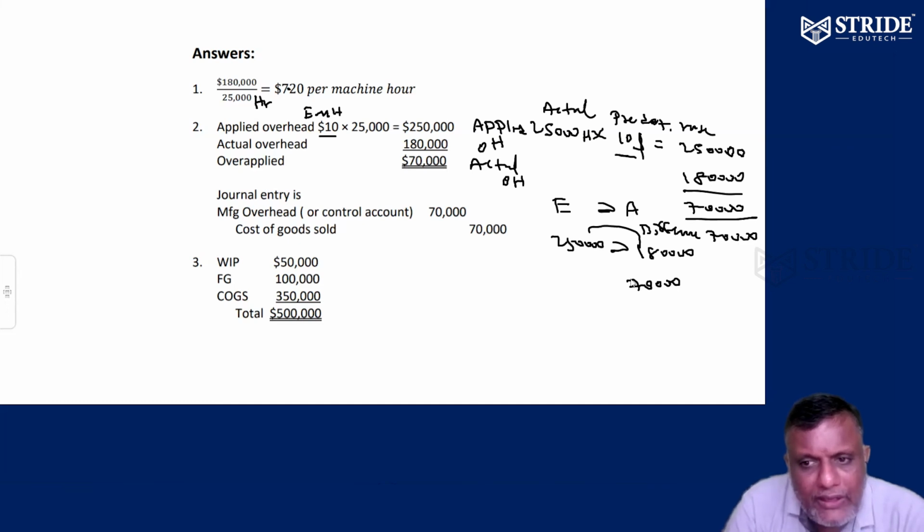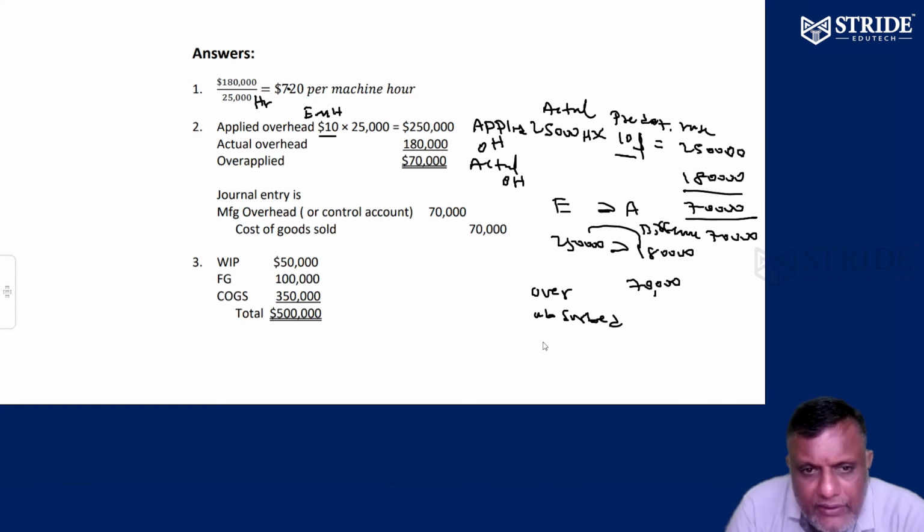If estimation is more than actual, it is called over absorbed. So over absorbed is $70,000. Over absorption means the cost we have to reduce.